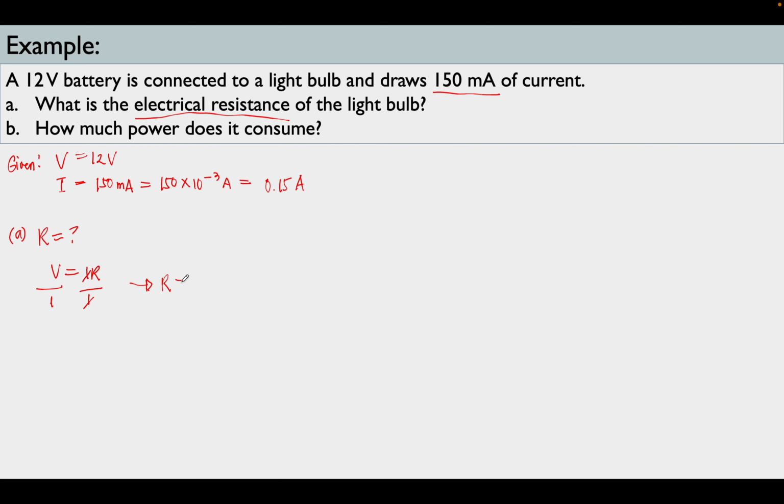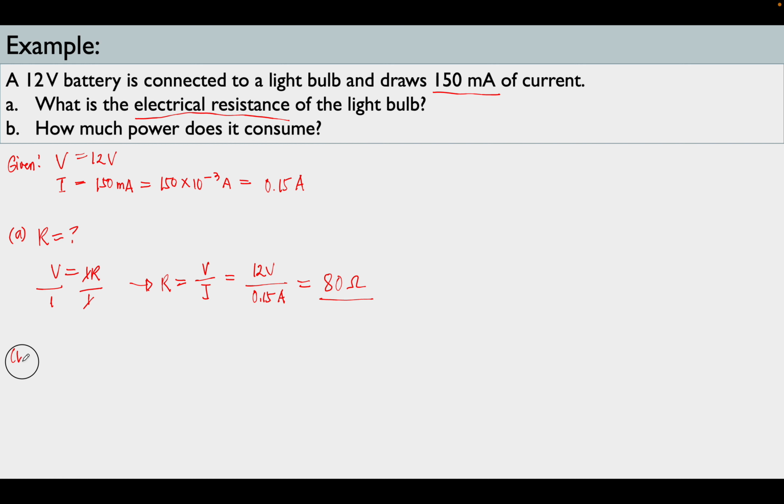So R is equal to V over I. We have 12 volts divided by 0.15 ampere. So 12 divided by 0.15 is equal to 80 ohms. This is the electrical resistance of the light bulb.